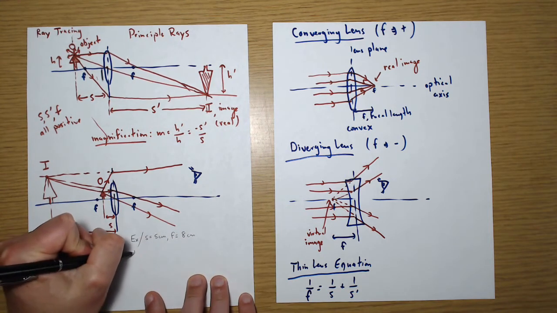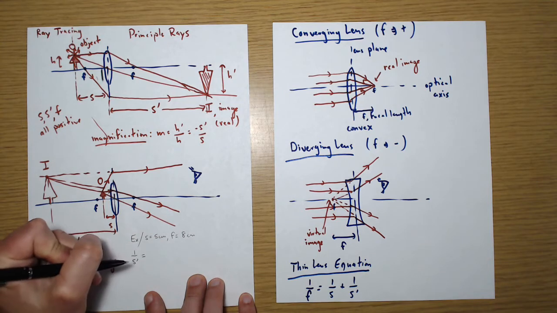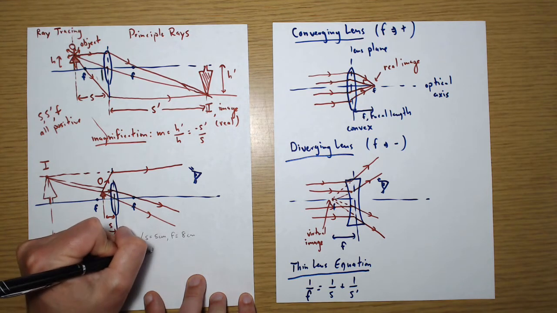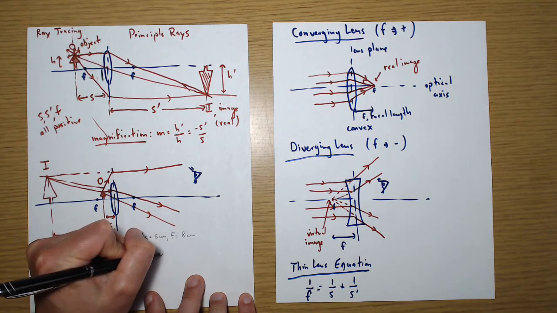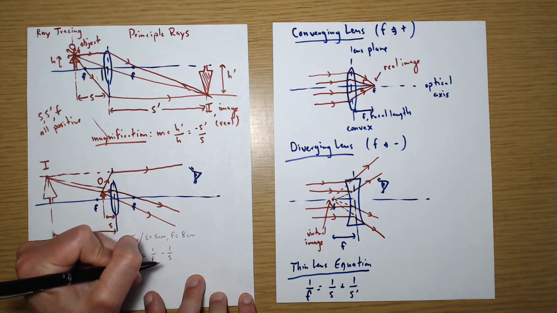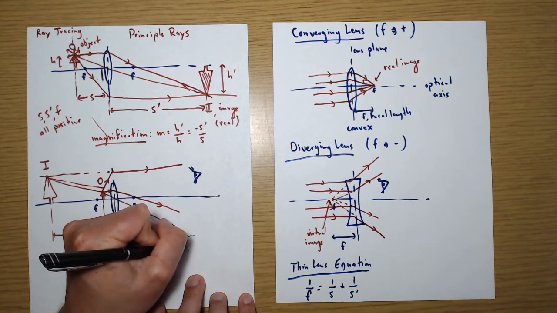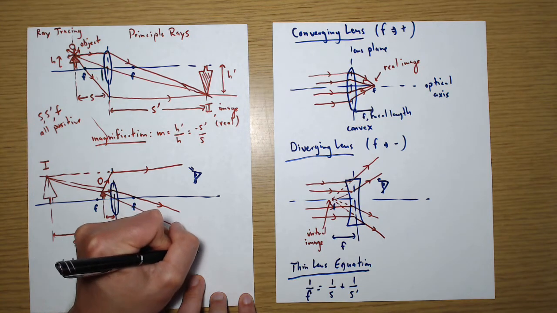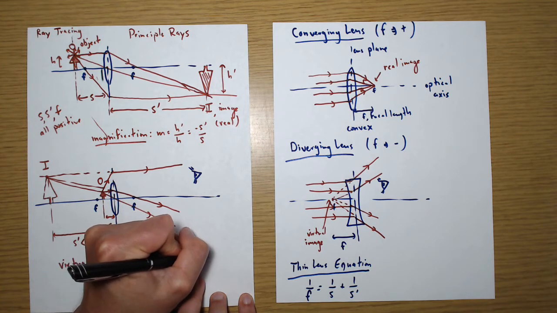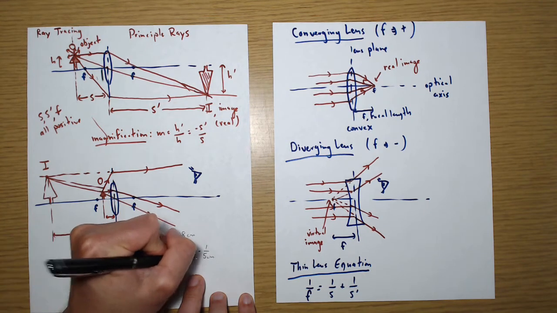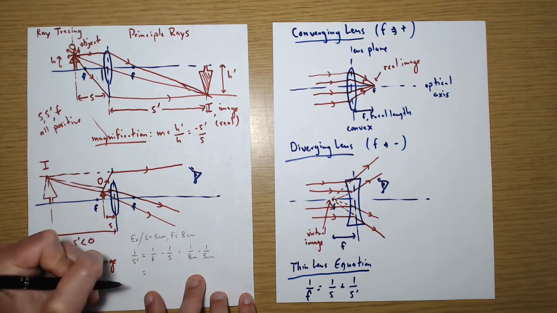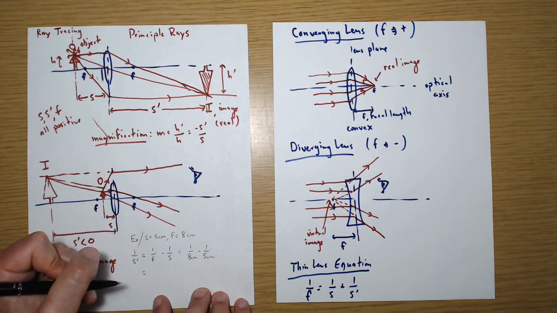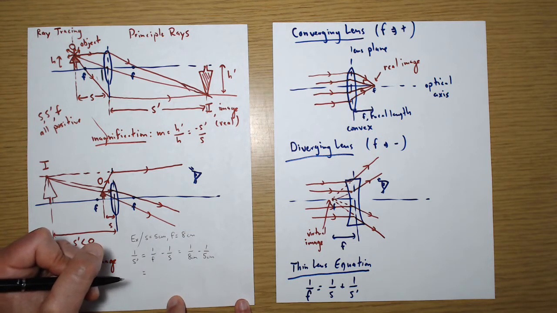So I'm going to solve for 1 over S prime is equal to 1 over F minus 1 over S. So this is equal to 1 over 8 centimeters minus 1 over 5 centimeters. If you're good with fractions, you'll see that the lowest common denominator is 40.